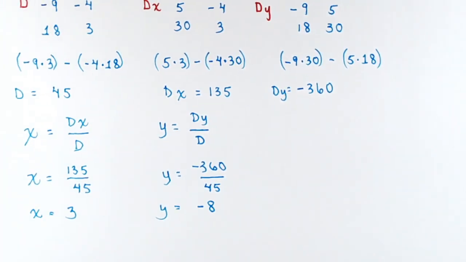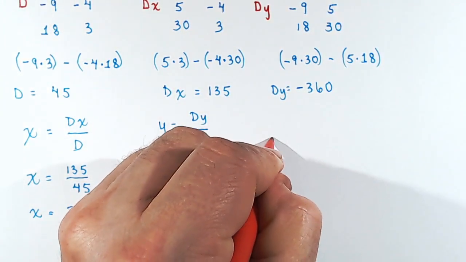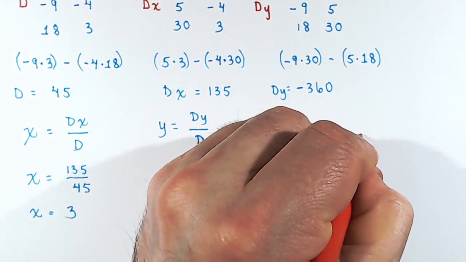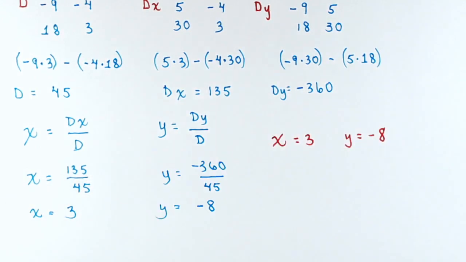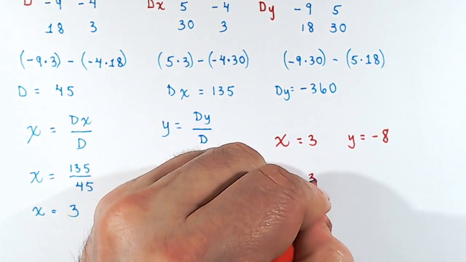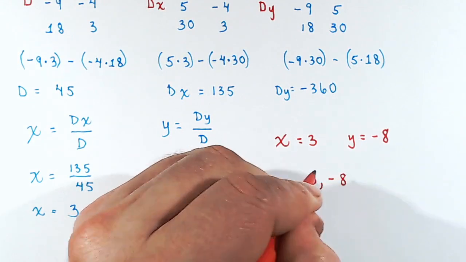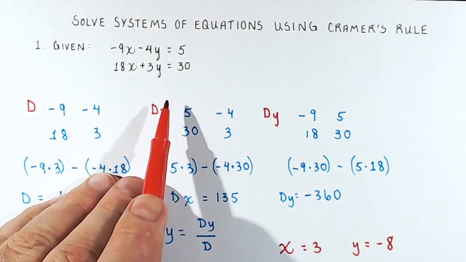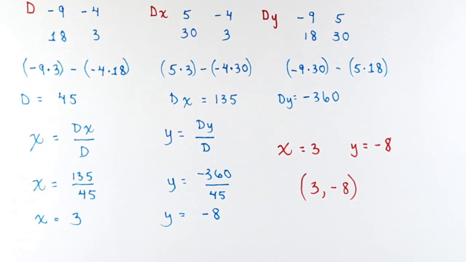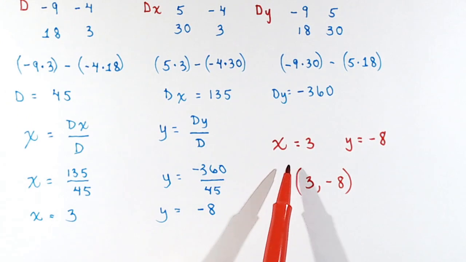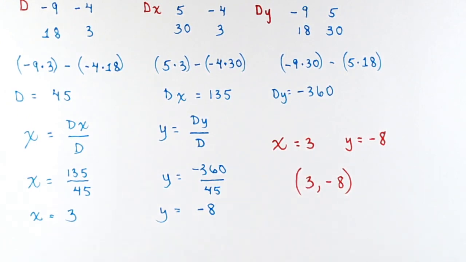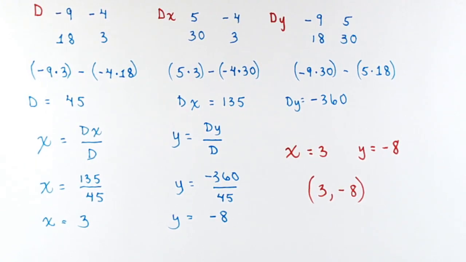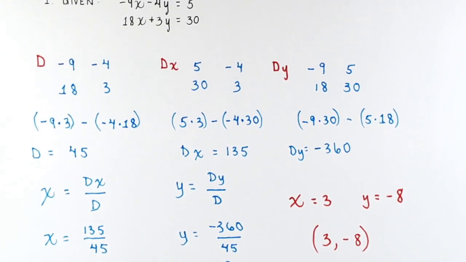Therefore, the solution to this system of equations is x equals 3 and y equals negative 8, which we express as a coordinate pair, 3, negative 8. If you were to solve both of these equations for y in slope-intercept form and graph them, the two resulting lines on a coordinate plane would intersect at 3, negative 8. So that is the solution to the system of equations using Cramer's rule.